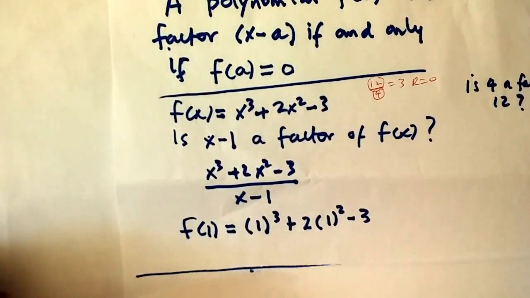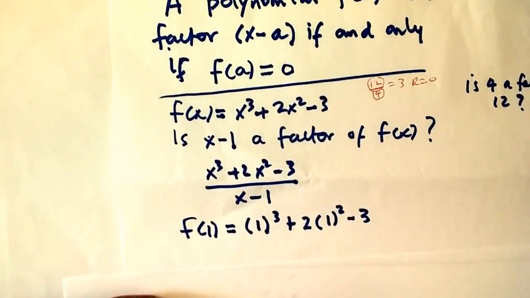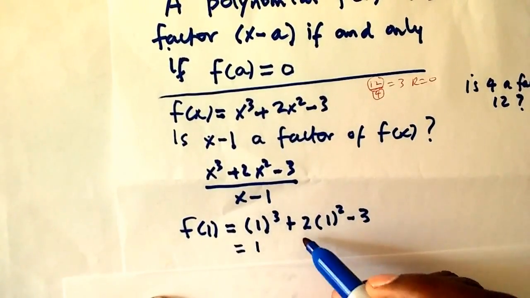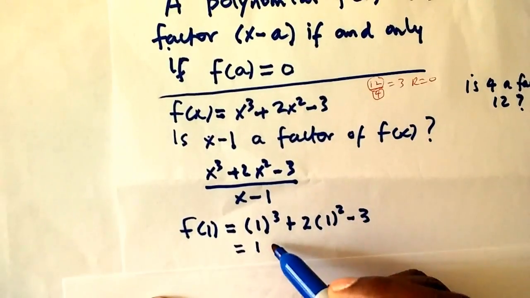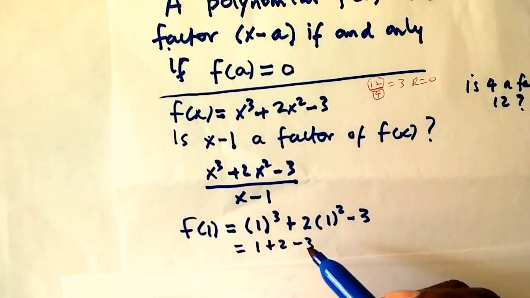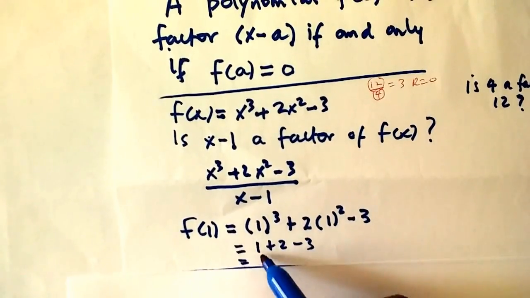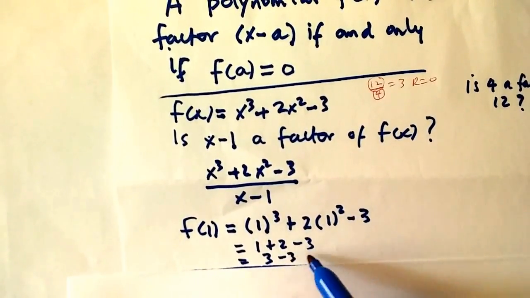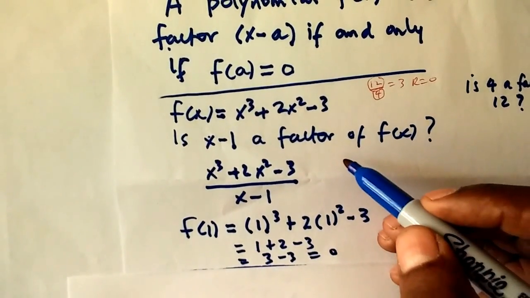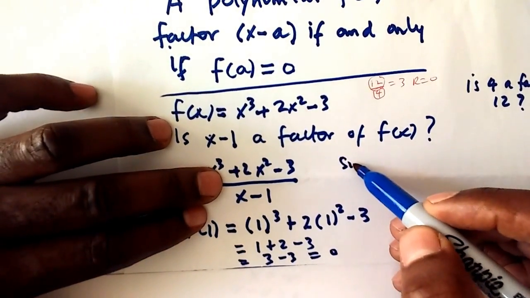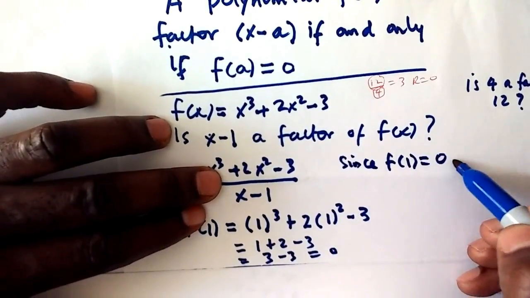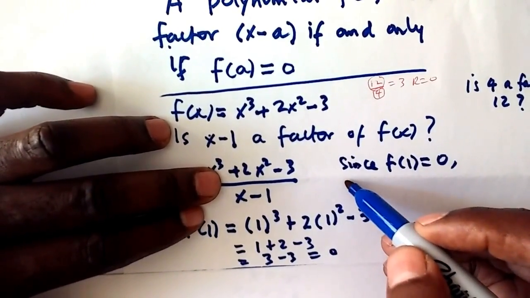Let's see what that gets us. So, here we go. 1 times 1 times 1 is 1. So that's 1. 2 times 1 squared is 2. And then minus 3. Now, 1 plus 2 is 3. 3 minus 3 is 0. So f of 1 is 0. So we can say, since f of 1 equals 0, then there is no remainder.